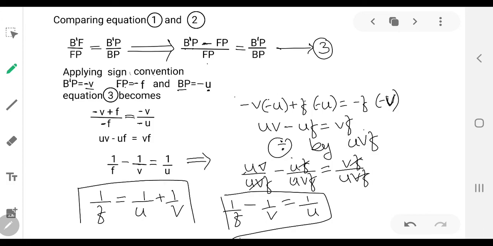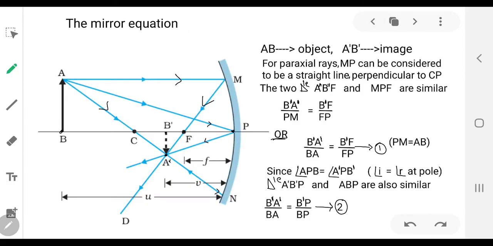So this is the relation between focal length, object distance and the image distance. This equation is called the mirror equation, which relates focal length, object distance and image distance. You may ask, why only these two triangles can we take?